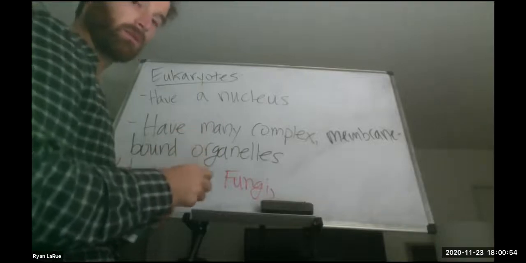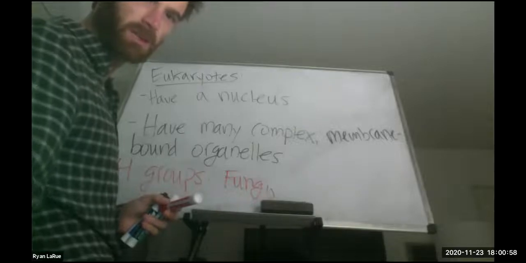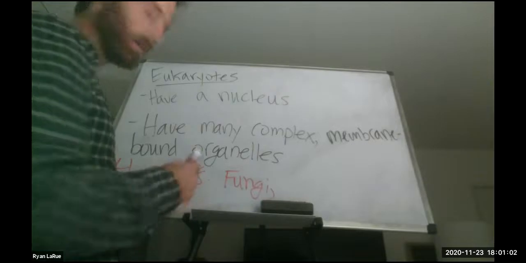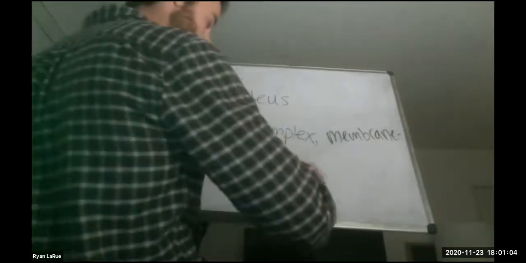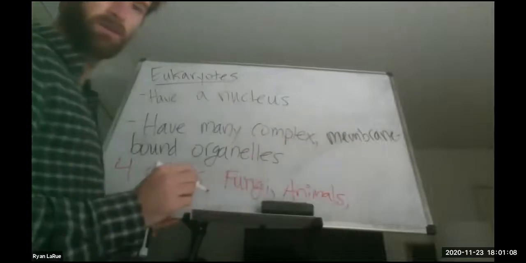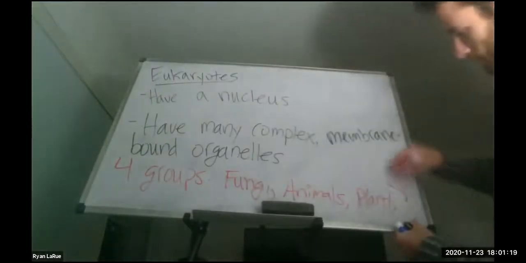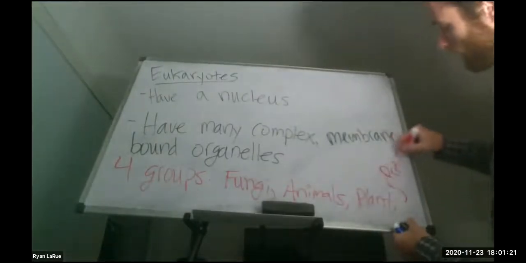Unicellular prokaryotes. What else we got? Animals, you bet. Kingdom Animalia, or animals. Plants, Kingdom Plantae. And last one, subject of our lecture today, protists, yes. Which are the ancient eukaryotes.